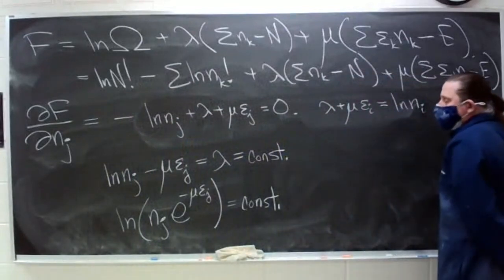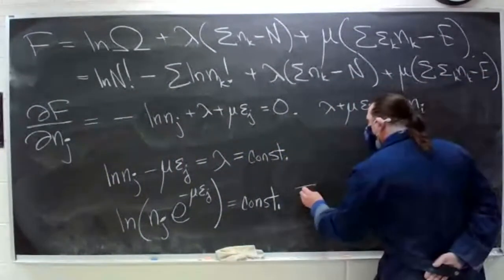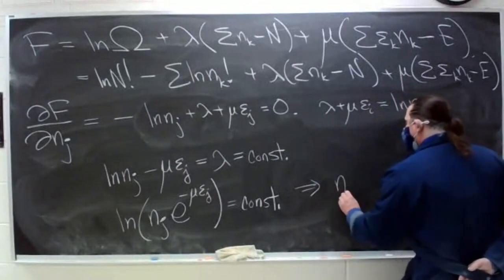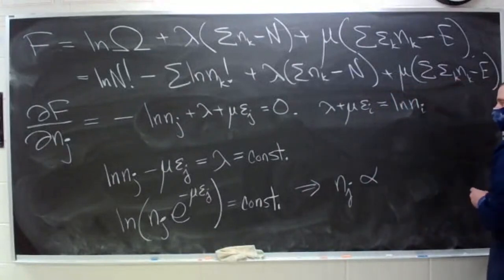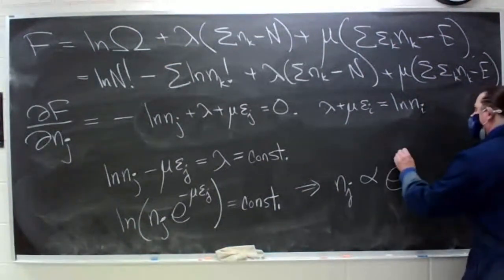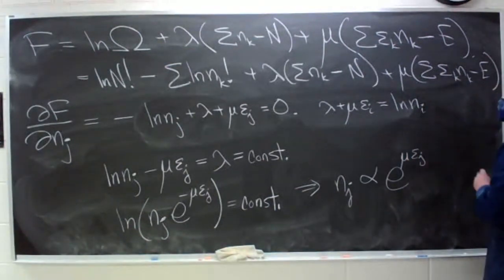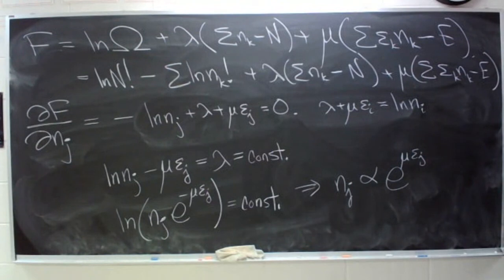That means nj is proportional to e to the mu epsilon j.